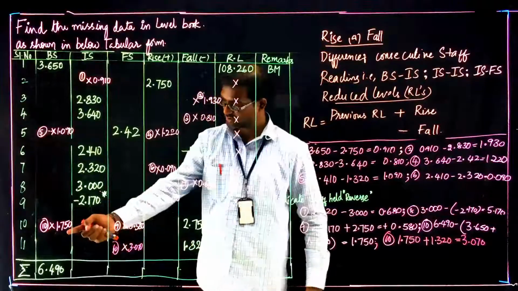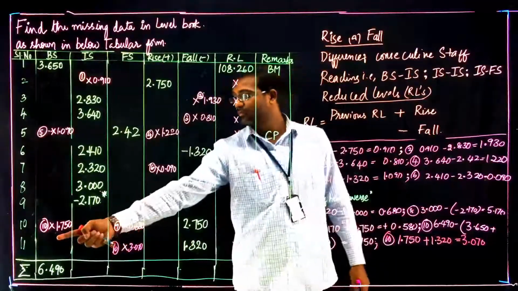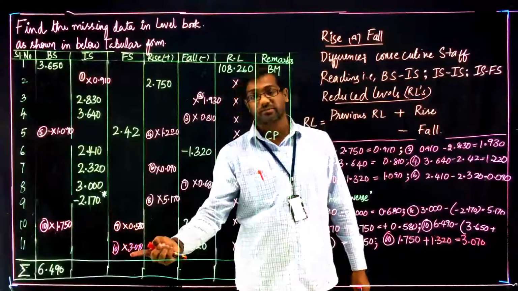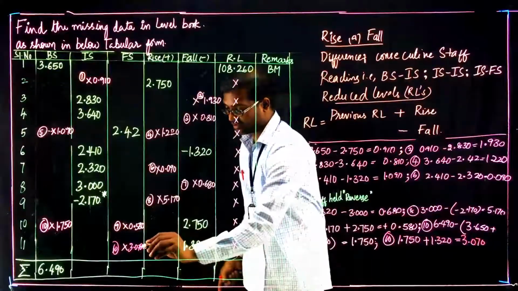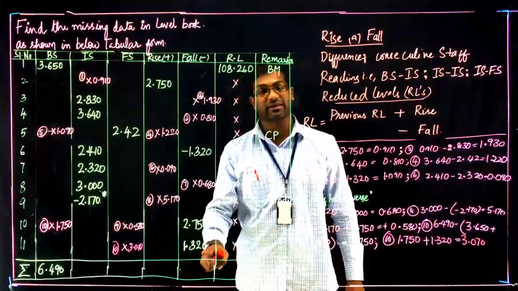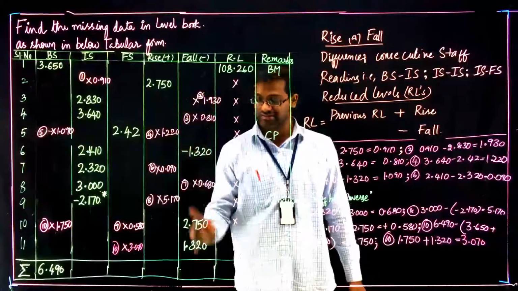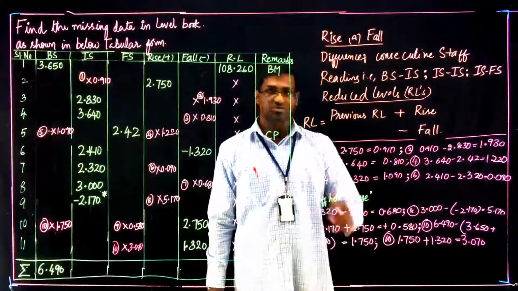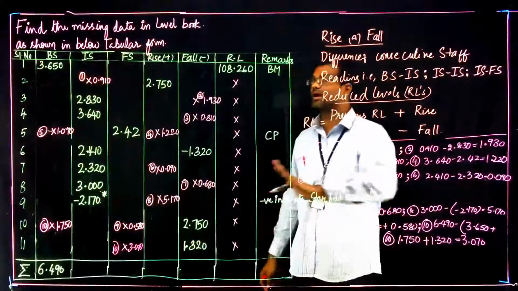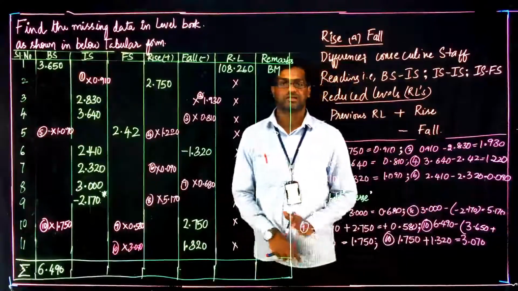So calculate 1.750 minus 3.070 and you will get minus 1.320, which you should write in. This is how you will fill up these backsights, midsights and foresights.